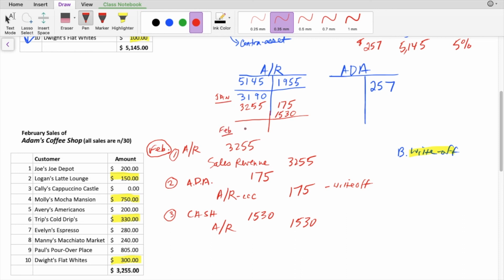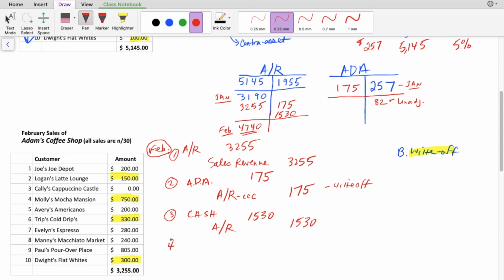My customers still owe me $4,740. My allowance for doubtful accounts had a balance of $257 at the end of January. I wrote off an account for $175 during February, which leaves me with a balance of $82 at the end of February before I record my adjustment. So this is the unadjusted balance in my allowance for doubtful accounts.